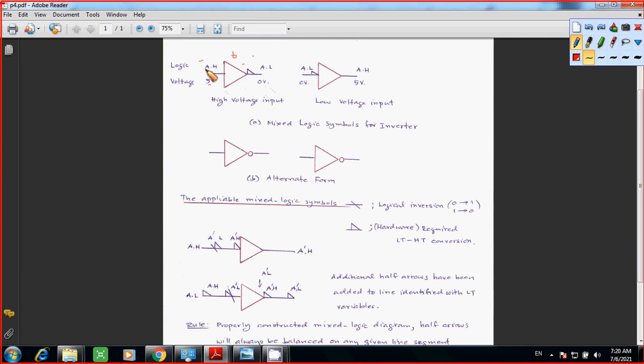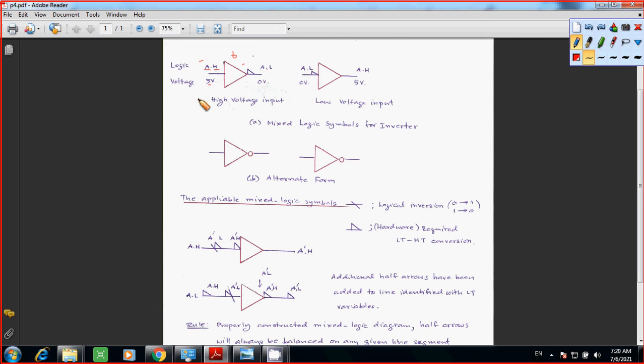And for the logic, when you have your input A high true, your output is going to be A low true, because it's going to be the opposite way, high to be low, low to be high.